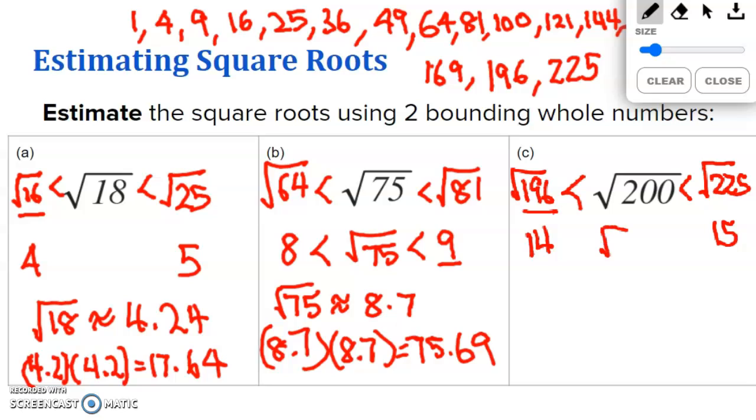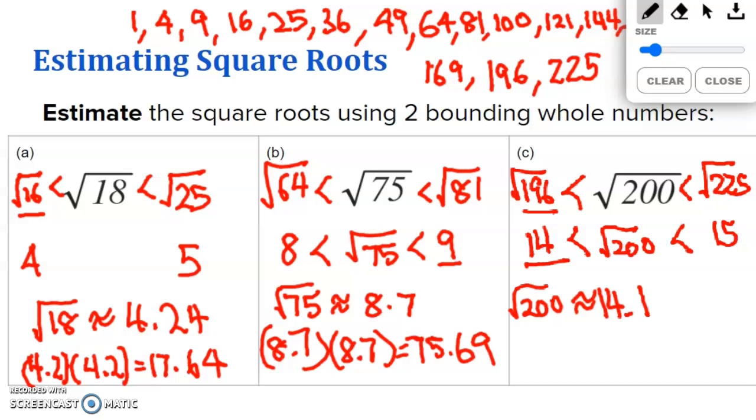So I know the square root of 200 is between 14 and 15, but I would say it's closer to 14. So maybe my guess will be 14 point, I don't know, it's only 4 away as opposed to 25. So maybe 14.1, something like that.